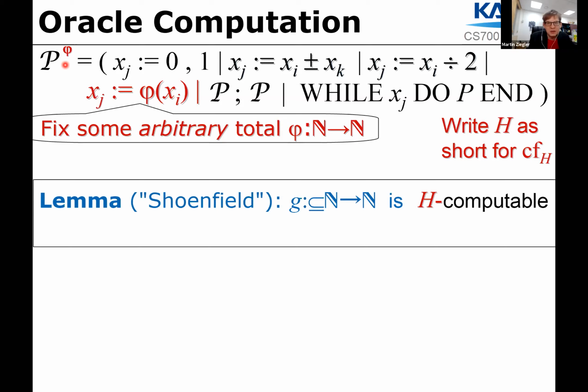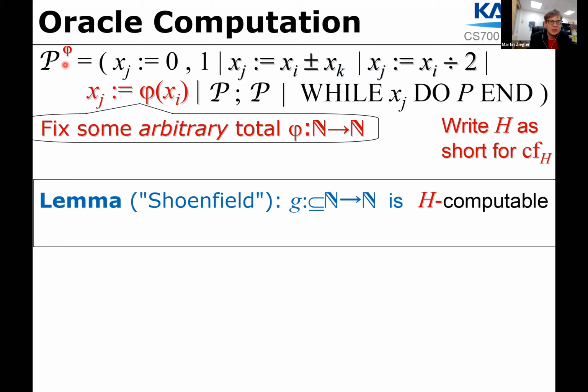Okay, and what I want to discuss or exemplify here as one possible application is the so-called Shoenfield limit lemma. It's named after Shoenfield, a computability theorist, but again, interestingly, it was not really him who invented this lemma, but still, it nowadays is known under the name Shoenfield limit lemma.